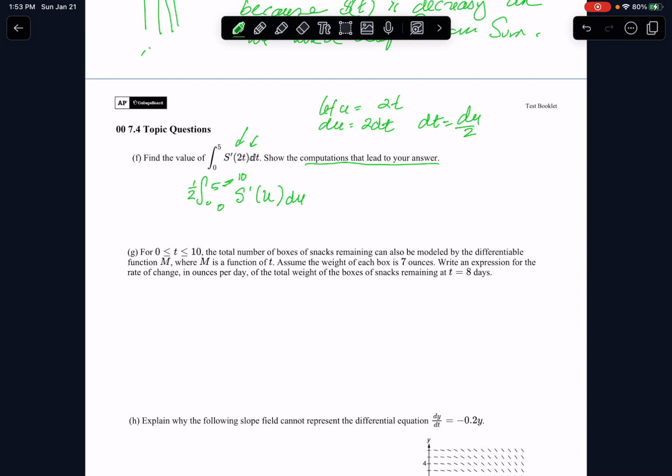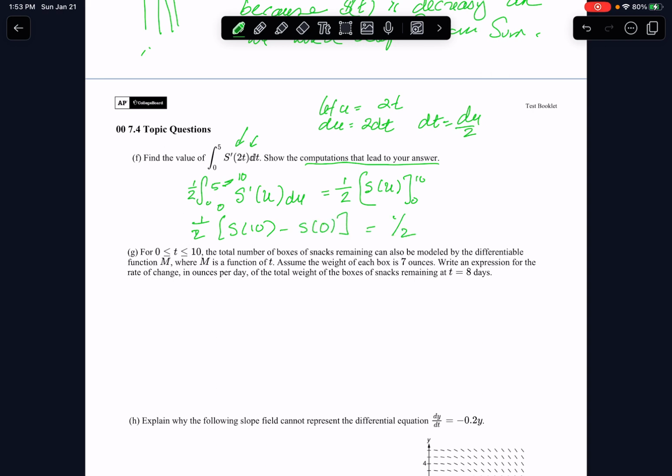So now when we take the antiderivative, that is 1/2 of S of u from 0 to 10. So that's 1/2 times S of 10 minus S of 0.